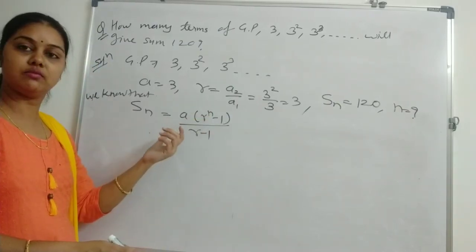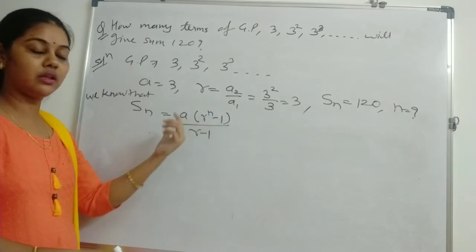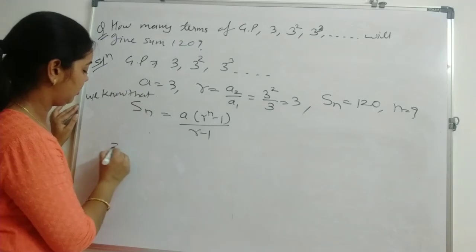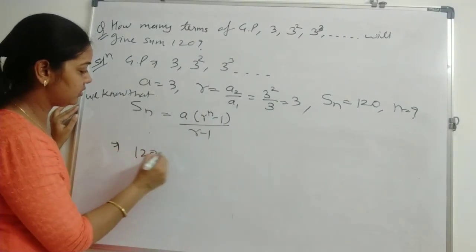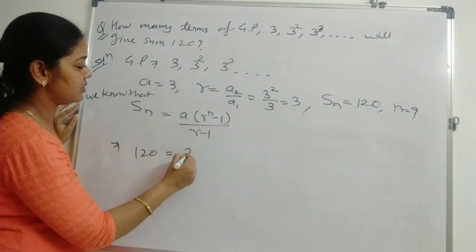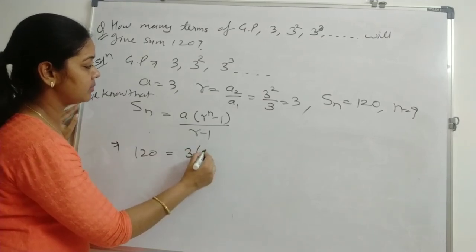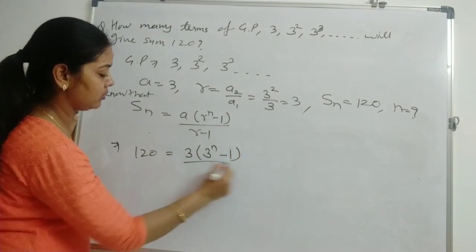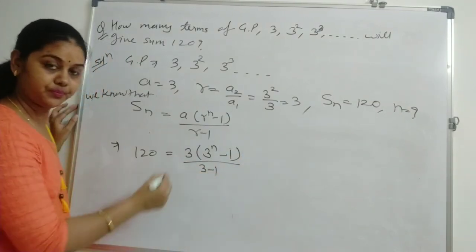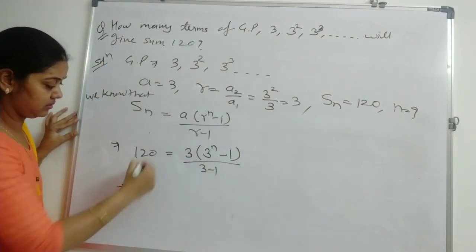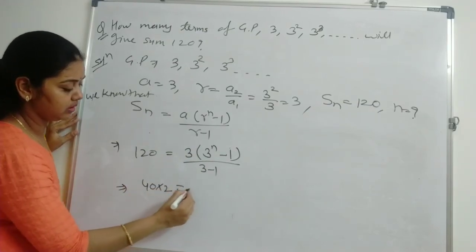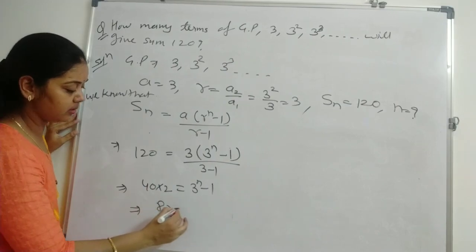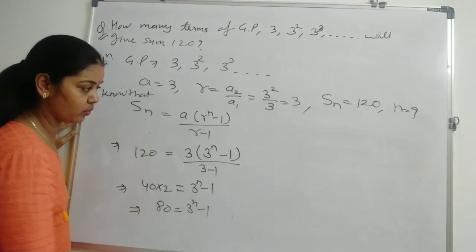The minus will be common, we can take minus common and that will be cancelled out. Okay? Now put all the values here. 120 equals a means 3, r means 3 raised to power n minus 1 upon 3 minus 1. It means 40 into 2, that is 3 raised to power n minus 1.